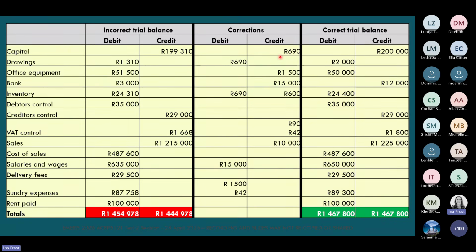And then you're going to either add or subtract the correction, depending on the correction, and that will give you your correct trial balance. And then to show that it is now all correct, we will see that the total debits are now in fact equal to the total credits.